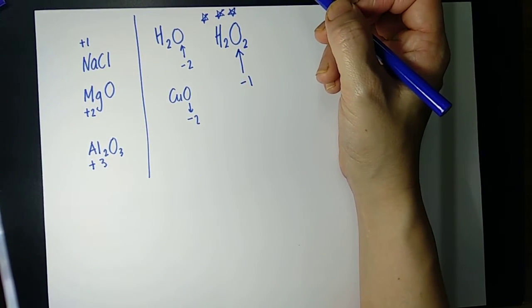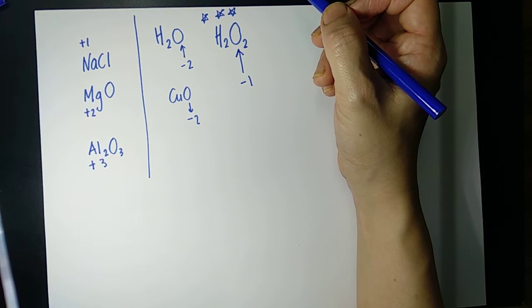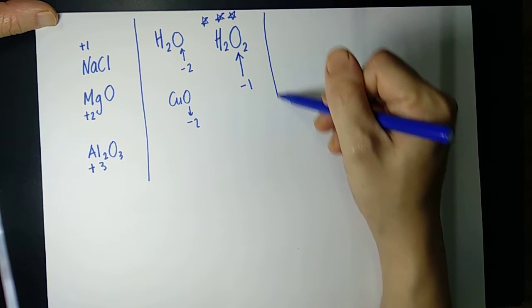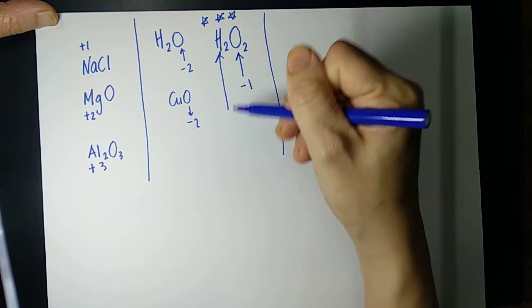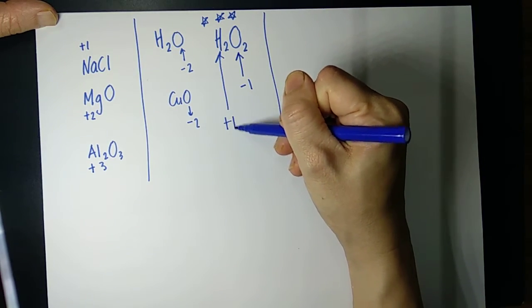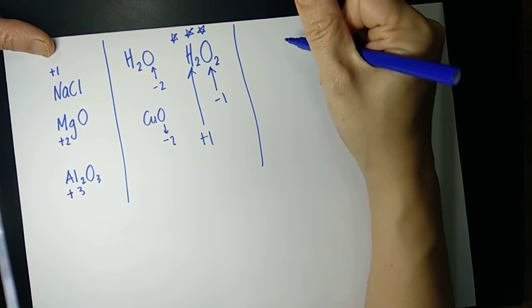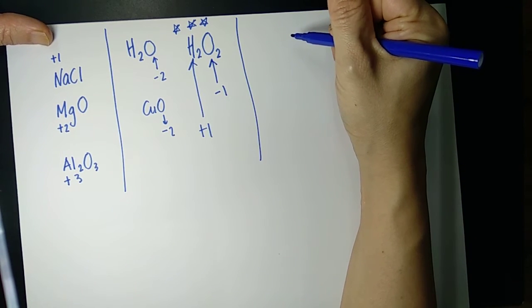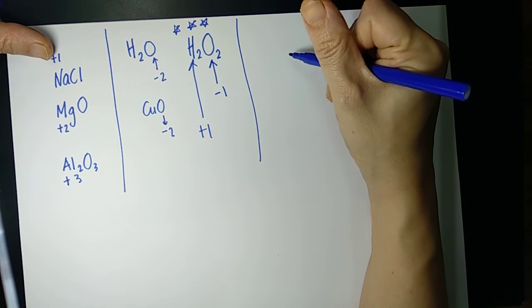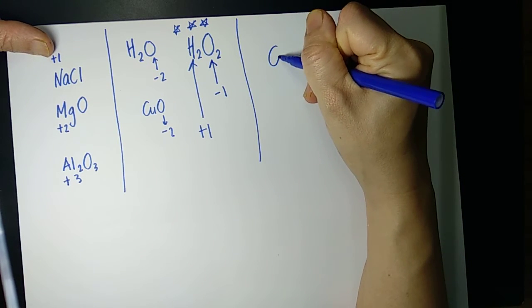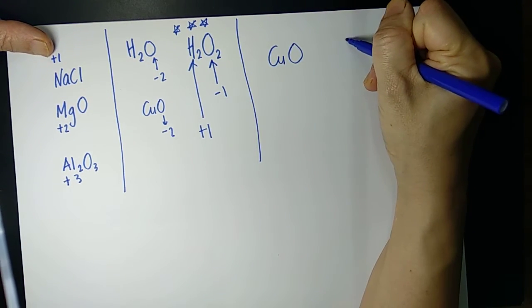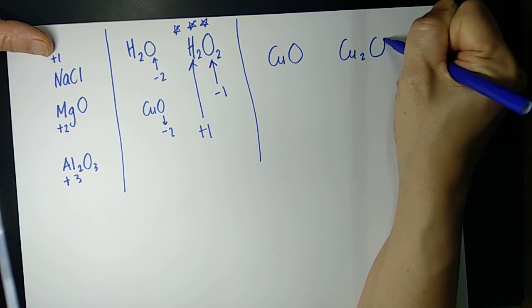Okay, so the oxidation state of hydrogen in all compounds is positive 1. Okay, now the oxidation state of a transition element is written in its name. For example, this is CuO and this is Cu2O.